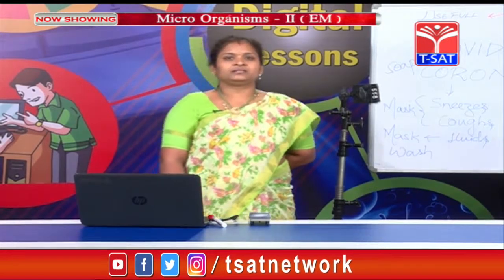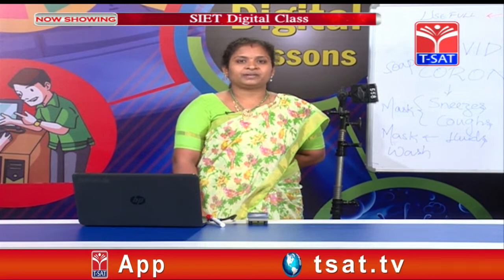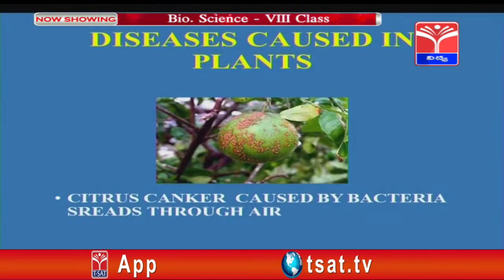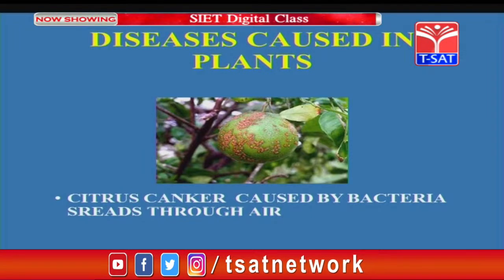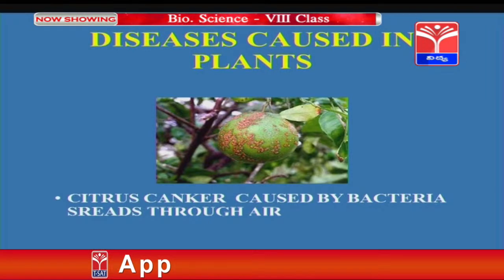Now, plants. We will see some examples in which diseases are caused in plants by microorganisms, like citrus canker. Here you can see the citrus fruit which is infected by bacteria. This spreads from one fruit to another by air. So, citrus canker is caused by bacteria.